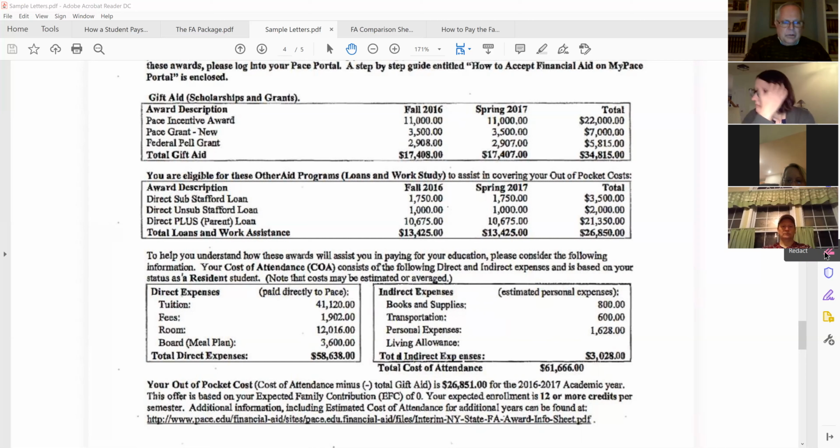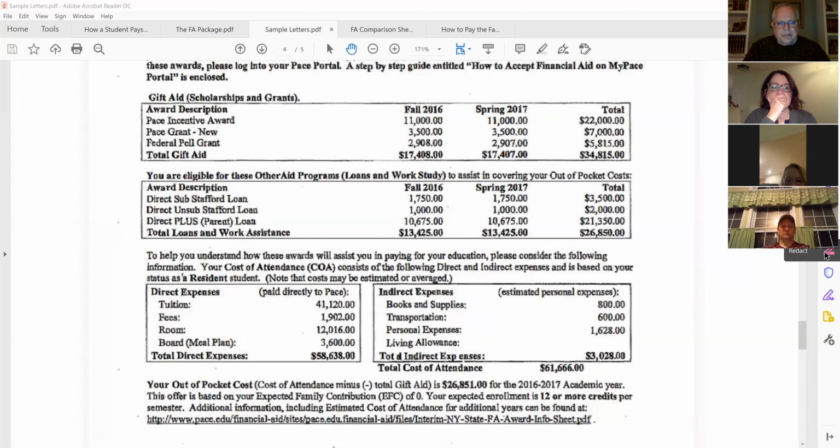So Stafford loan, that's the backbone of the government's program. Stafford loan is a promissory note between the student and the government. Mom and dad don't sign it. They don't co-sign. They can be a reference, but that's it. And here is an example of need versus non-need loan. You can see both a subsidized Stafford loan and an unsubsidized Stafford loan.